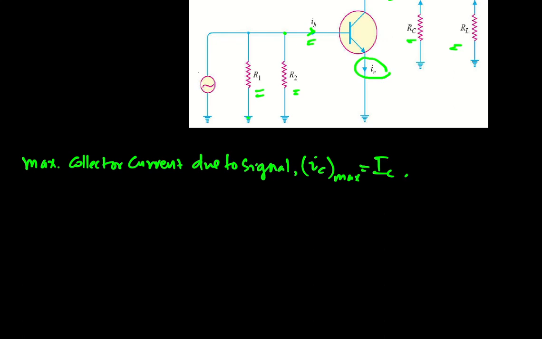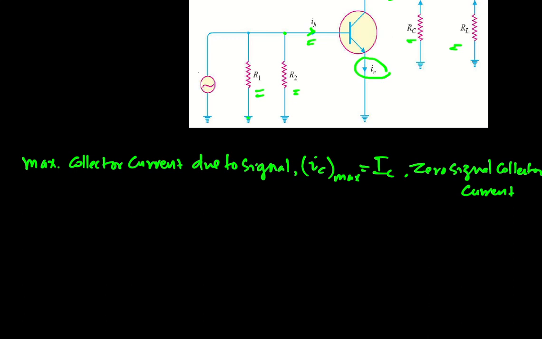If this ic exceeds the zero signal collector current, that is capital IC, then we know that there is no faithful amplification. So for faithful amplification, the maximum value of the collector current due to signal alone will be equal to the zero signal collector current. So we can say that ic max is equal to IC, the zero signal collector current.